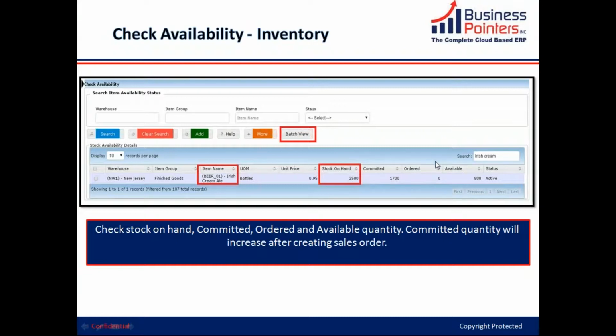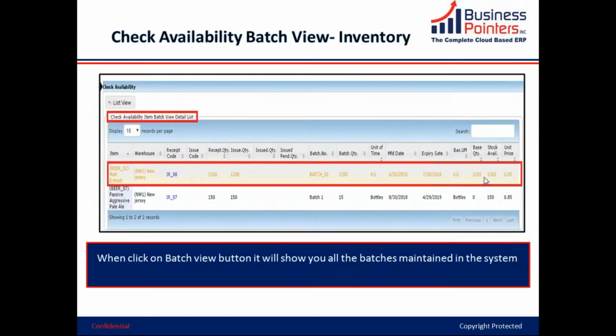Then ordered: which orders you have placed for purchase, what raw materials you have purchased, or if a particular product is in production, it will give you the ordered quantity here. After that, it will calculate the available quantity after the committed and the ordered quantity, and give you the available quantity.